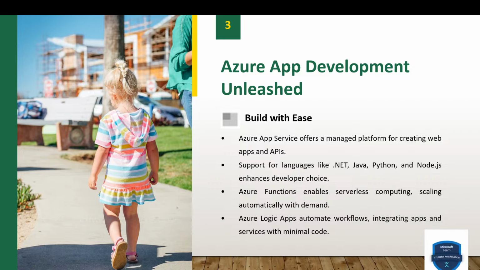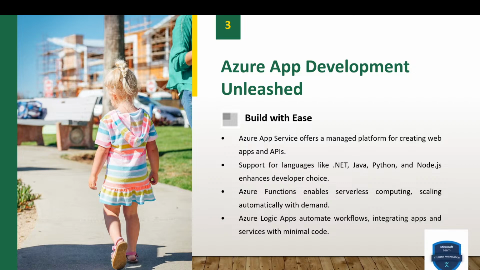Azure App Development Unleashed. Azure App Service is the cornerstone of application development on Azure. It provides a fully managed platform that simplifies the process of building and deploying web applications and APIs.